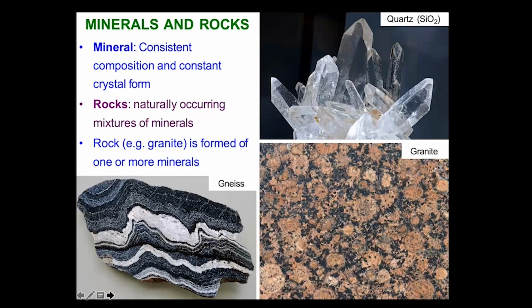Likewise, in the lower left corner is a rock called gneiss. That's a metamorphic rock. The white layers there are formed predominantly of quartz crystals, such as the ones you see in the upper right corner. It doesn't matter what type of rock, they're all formed of various types of minerals.